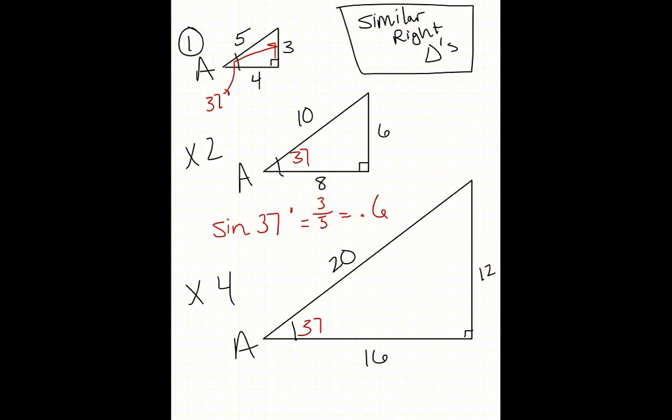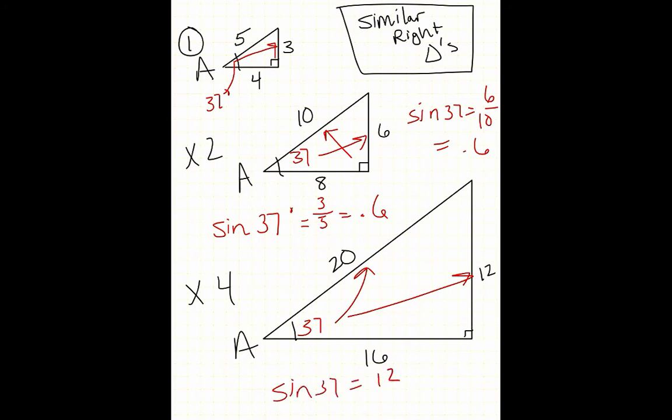If I had used 6 and 8, again, opposite side of 6, so the sine of 37 would have been 6 over the hypotenuse of 10, which is still equal to 0.6. And if I did the same thing on this last big triangle, the sine of 37 would equal 12 over 20, which is 0.6.